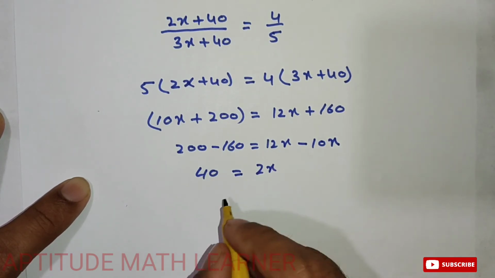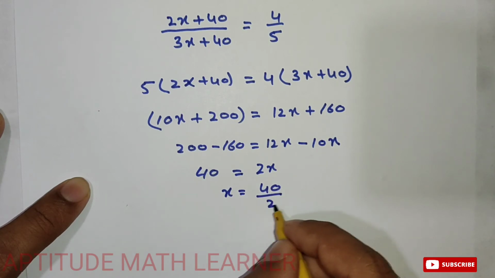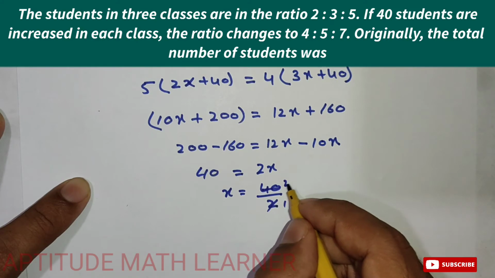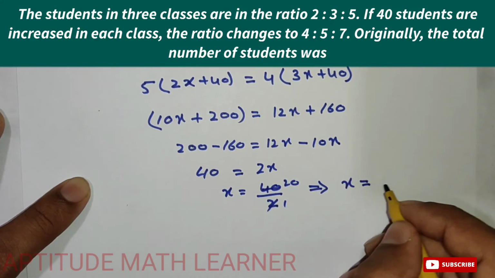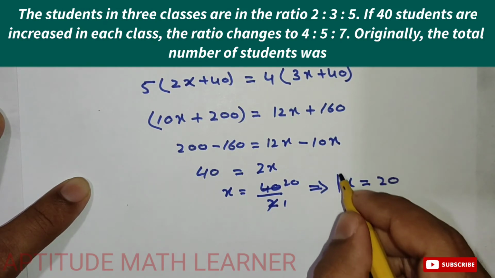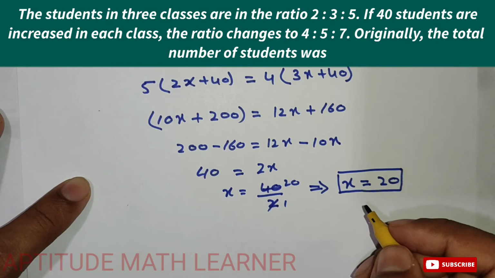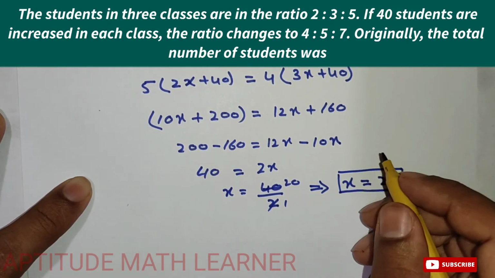Now the value of x is 40 divided by 2, so x is equal to 20.